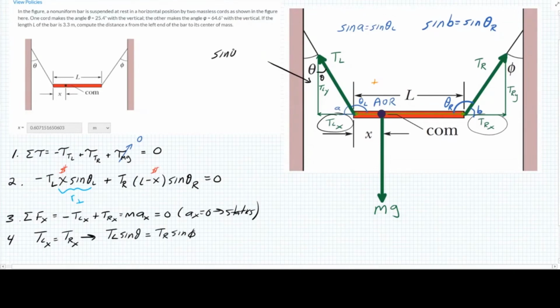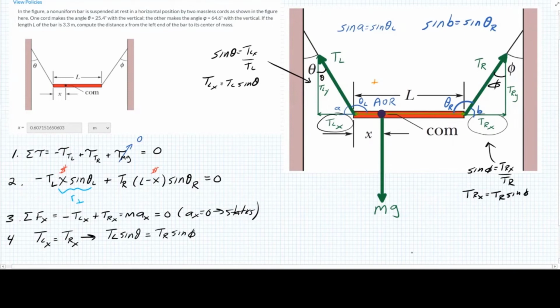If sine theta is opposite over hypotenuse, that's how I'm getting TLX equals TL sine theta. Okay, over here, and this is phi, I'm saying sine of angle phi equals opposite TRX over TR, and that's how I'm getting TRX equals TR sine phi.